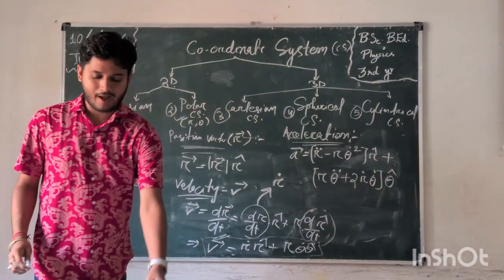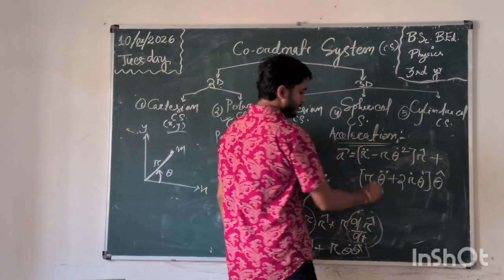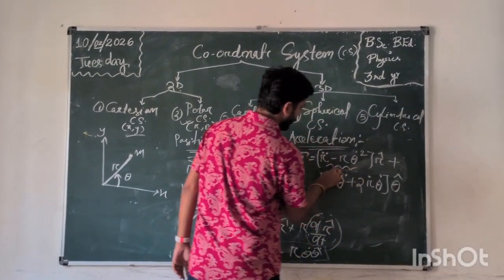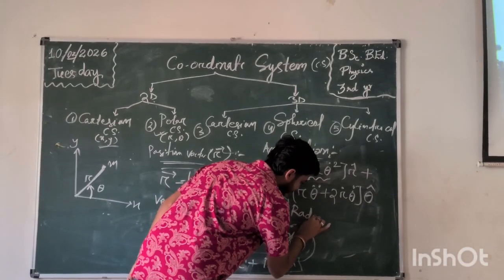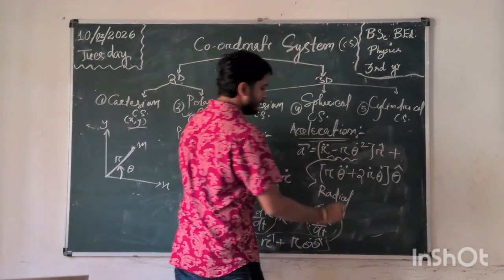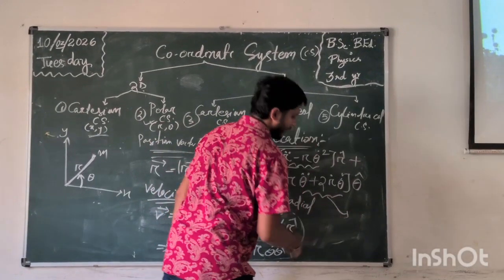This is the final expression for our acceleration. The first term is known as our radial acceleration, and this term is known as our transverse acceleration.